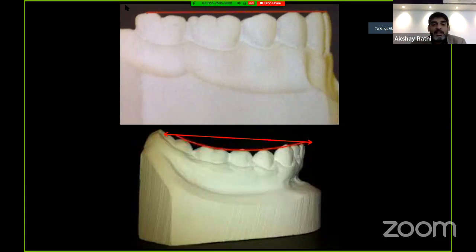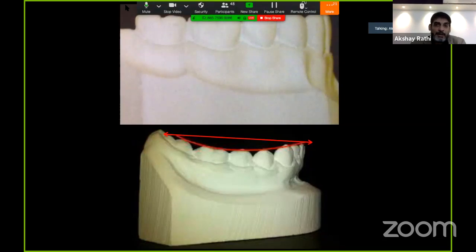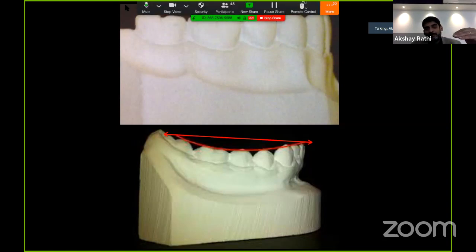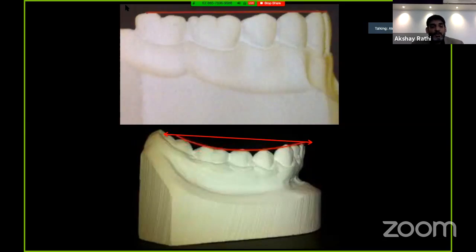What is the clinical manifestation of a deep curve of Spee? Let a sizable group put in their answers and then get back to me. Once again, I repeat the question. The normal curve of Spee is flat to 1 mm. How will a deep curve of Spee manifest itself in the patient's mouth?